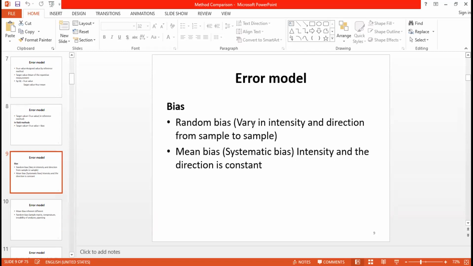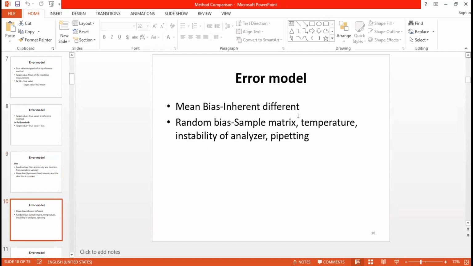Your random bias varies in intensity and direction from one sample to the other, whereas your mean bias has a constant intensity and direction. Your mean bias is the inherent difference between the two methods, whereas the random bias results from the sample matrix difference, temperature fluctuations, instability of the analyzers, and pipetting problems.